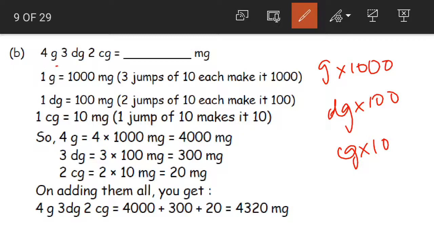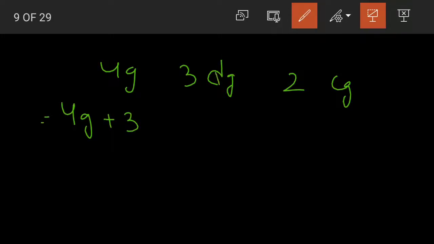Here in this question we have 3 different units of measurement which together are to be converted into milligrams. So while solving this, 4 3 2, we have grams. First we'll write it as 4 grams plus 3 decigrams plus 2 centigrams.